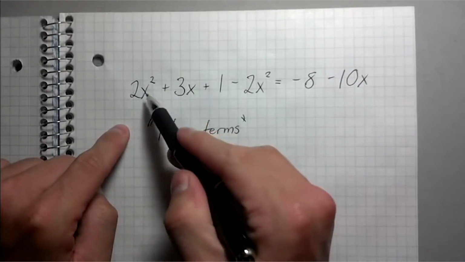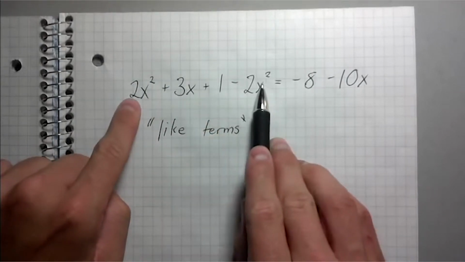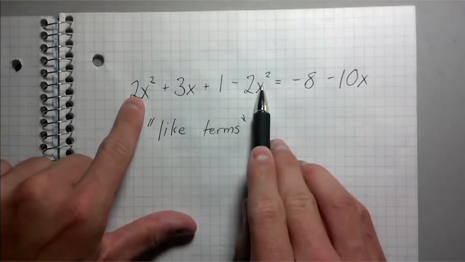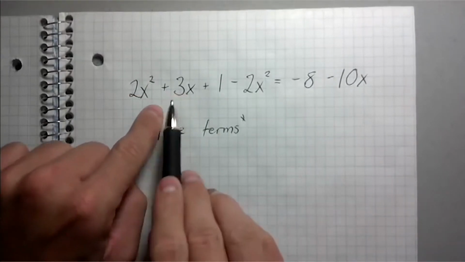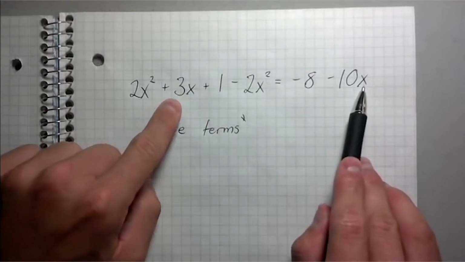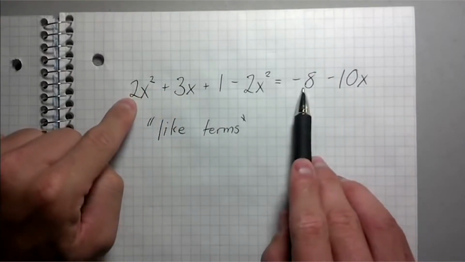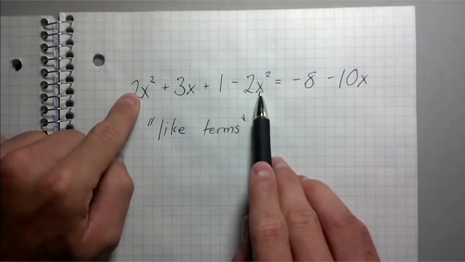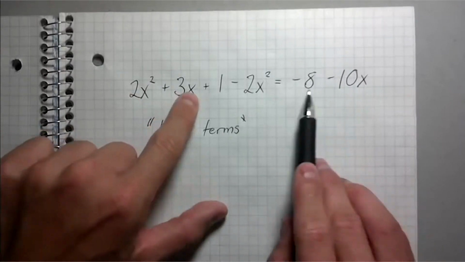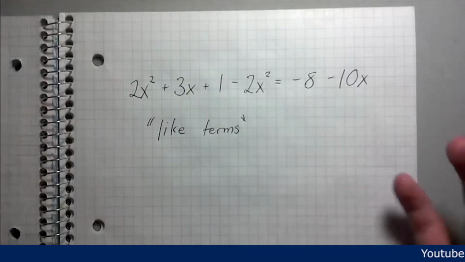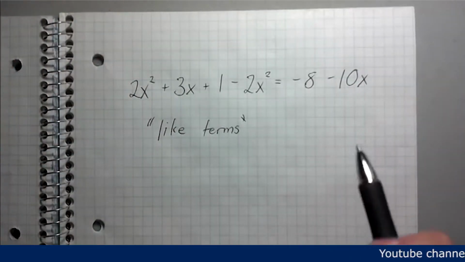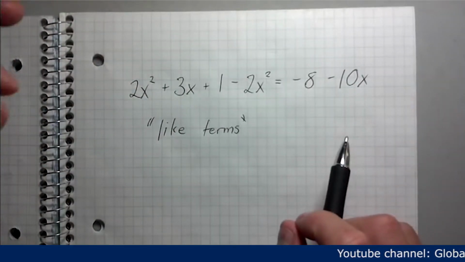Anything that has an x squared is one type of term. Anything that has an x is another. That's how I know that 3x and negative 10x are the same type of term. If the x squareds are like oranges, the x's are like apples, and the regular numbers are like bananas, then I want to collect every single thing into a single spot, respective to its type.